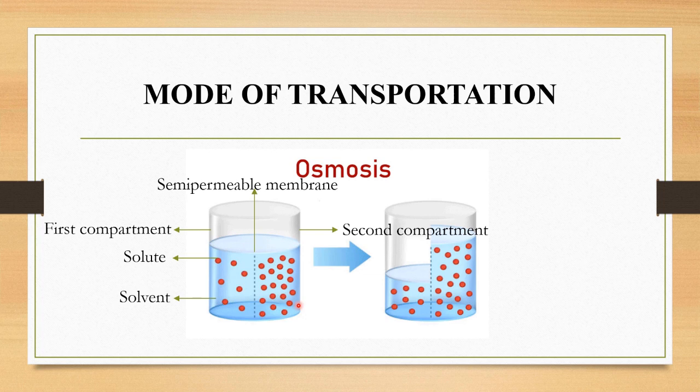If the concentration differs, in order to compensate for that, the fluid moves from the low concentrated area to the high concentrated area. So in the second picture, you can see the water from the first compartment moves to the second compartment in order to equalize the concentration.